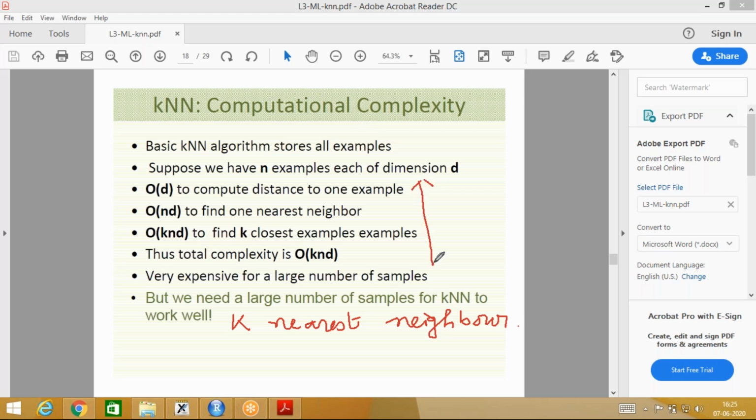So here, if I plot some points, and this is my actual point, to find out 10 nearest neighbors, how many distances have to be calculated?